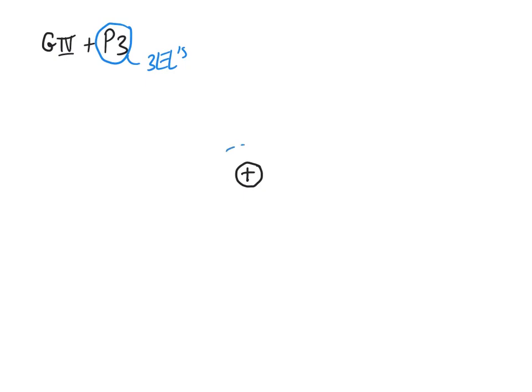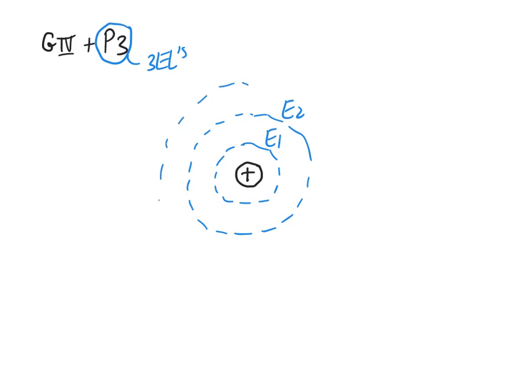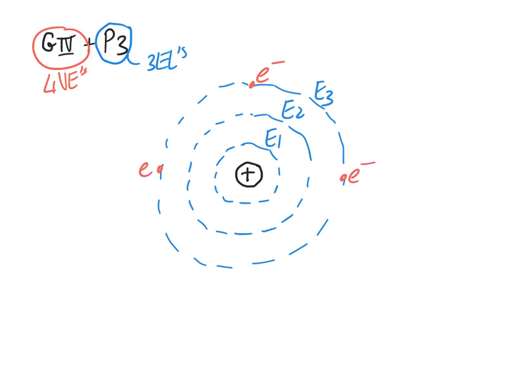So it's going to be energy level 1, energy level 2, energy level 3. So we know that we've got 3 energy levels. The fact that it's in group 4 tells us that it has 4 valence electrons. So in the outer energy level, there are 4 valence electrons.